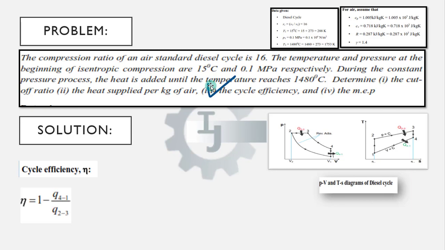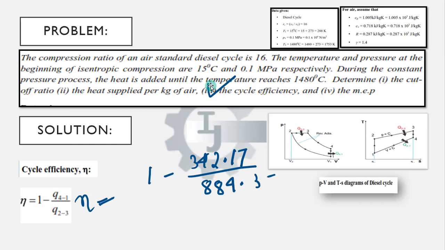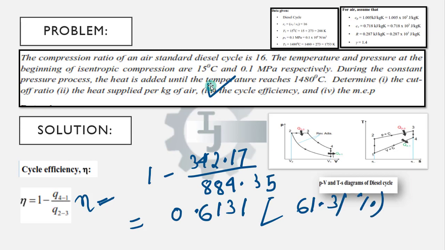So here we can write efficiency eta equals 1 minus 342.17 divided by 884.35. By solving this, we got 0.6131, that is 61.31%. So this is our cycle efficiency.